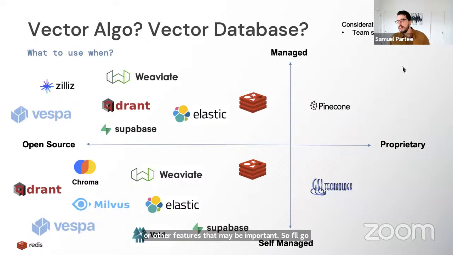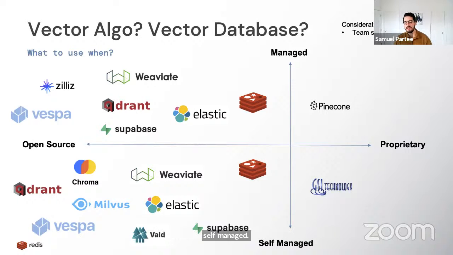You have team sizability and budget. That's the first and most important one. It's important because if you don't have a large team and you don't have specific ability in the space or a huge budget, you may not go for something self-managed. You might want an easy to use cloud platform.